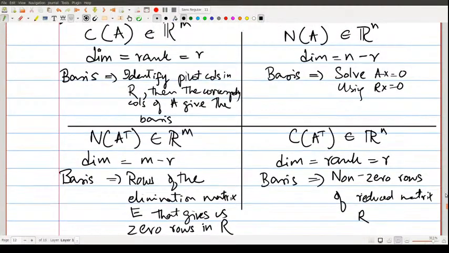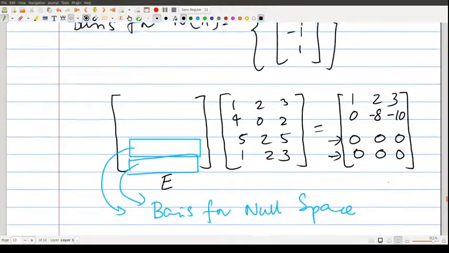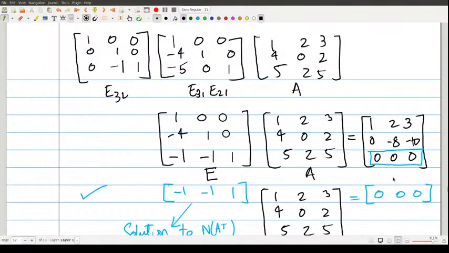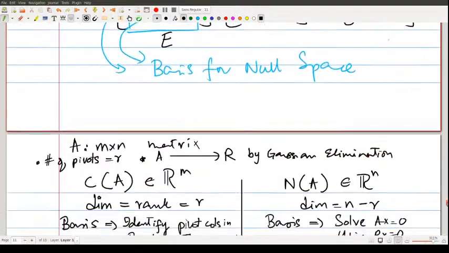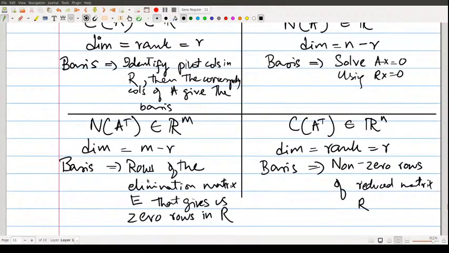For the null space of A transpose, this was matrix A, and this was matrix R. R had a 0 row in the third row, and the third row of E was in the basis for the null space of A transpose.